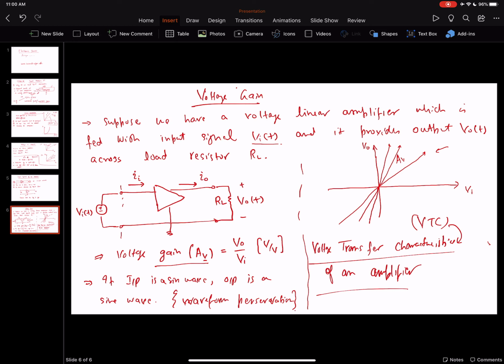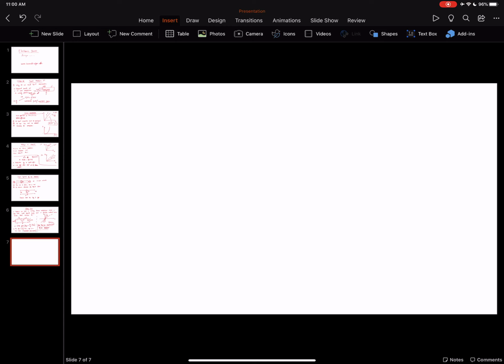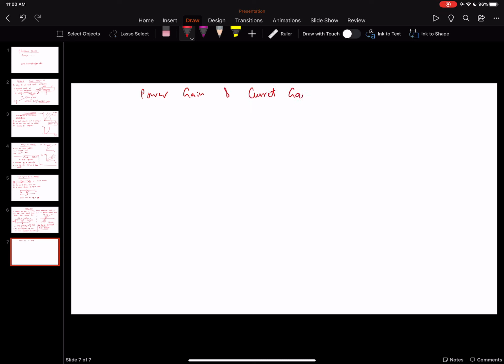Okay. So now let's talk about the other gain factors. Right now we have just introduced the gain, which is what we have called a voltage gain. Now we are going to talk about the power gain and the current gain. So for a voltage gain, we talked about that the output voltage is higher than the input voltage.